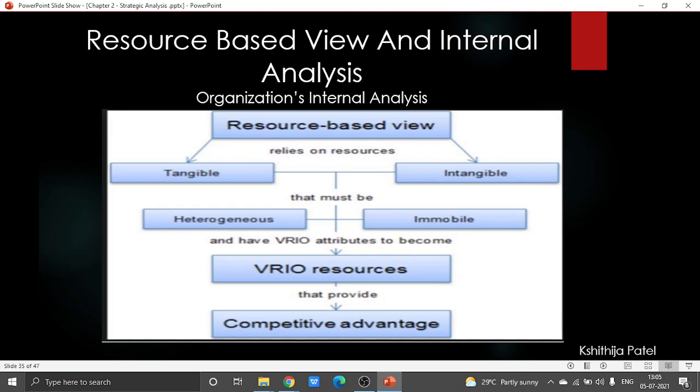And what you can see in the box is heterogeneous. Now that particular word speaks that the assets that the organization has are to be heterogeneous in nature and not perfectly versatile.